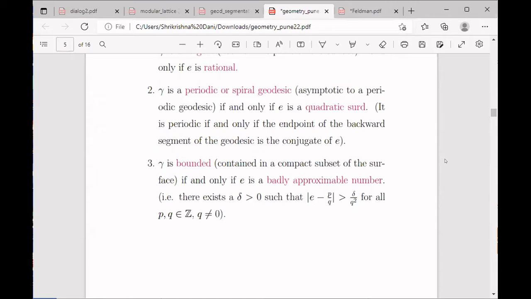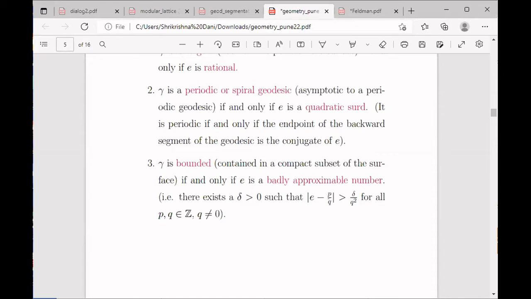Badly approximable numbers already come up in any first course of number theory, but to quickly recall, the approximability is in terms of rational numbers, and E is said to be badly approximable if |E minus P by Q| is greater than delta by Q squared, for a fixed delta, there exists delta, but for all rational numbers P by Q.